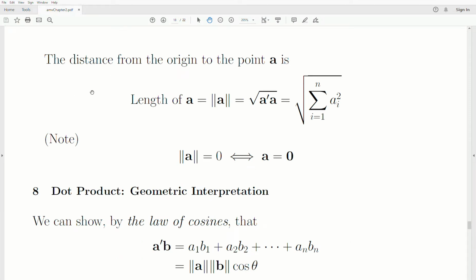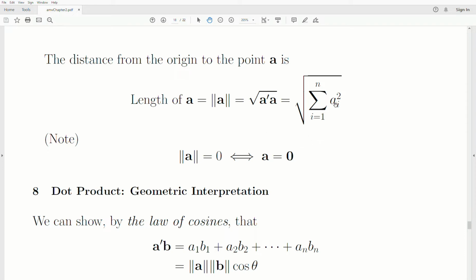Here we're going to look at the distance from the origin to a point A. Remember, A is a vector, and you kind of think of vectors as this dangling arrow out in space somewhere. If we want to find the length of that, this is how you do it. The length of A is denoted by these double vertical bars, which is the square root of the dot product, or this vector product, which is equivalent to a dot product, which is the sum of the squared components.